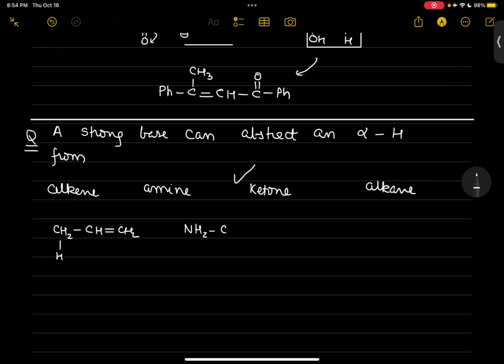Because once the hydrogen is removed, the anion which is left can stabilize itself by resonance. Got it?